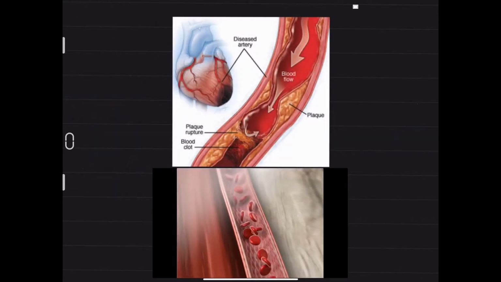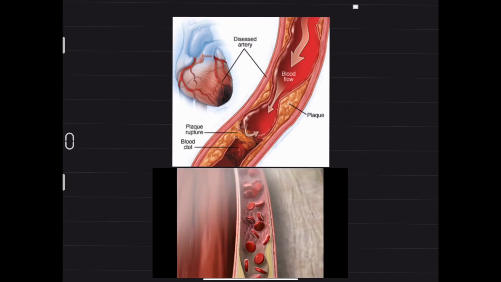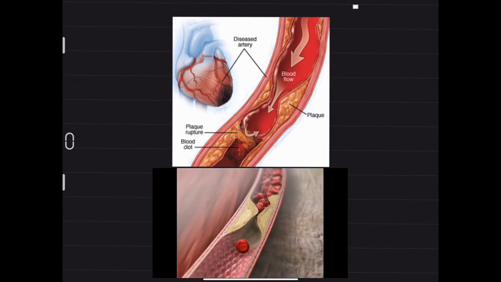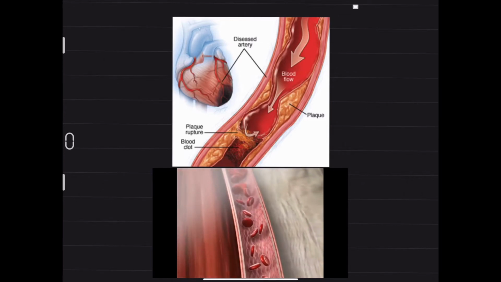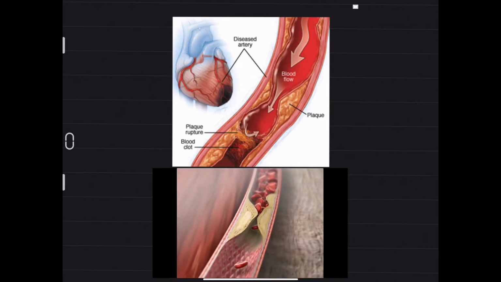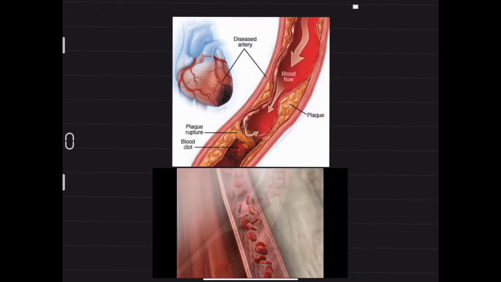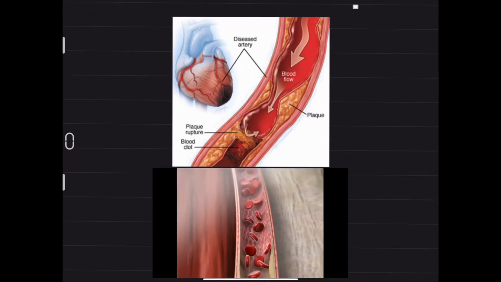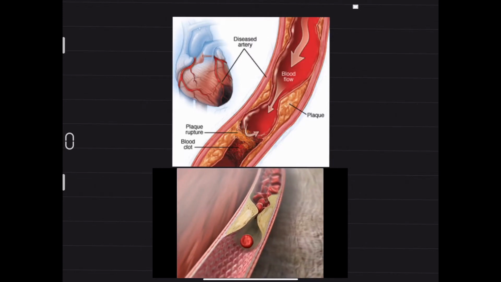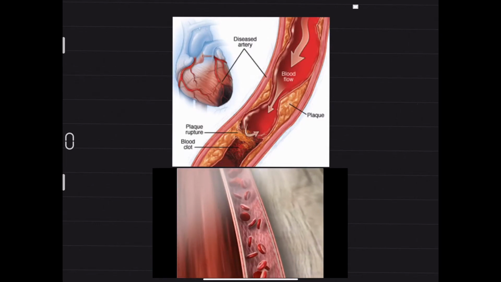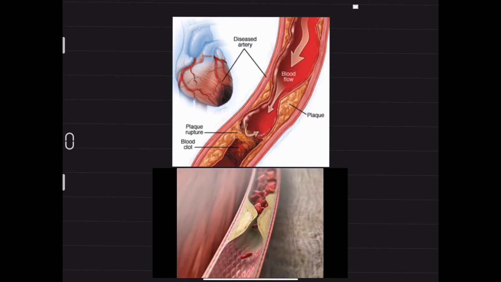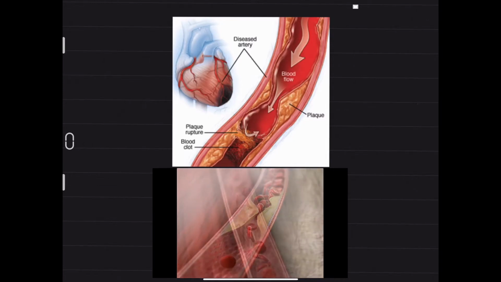Here you can see a diseased coronary artery in relation to the heart, and you can see how the blood flow is impacted by the buildup of the fatty deposits or the fatty material known as plaque, and this can lead to complications in terms of blood clots forming, the plaque rupturing, and in addition to causing blockages within the coronary artery, you can see, if you look at the diagram where the bottom of the heart is shown, it's turned a greyish colour.